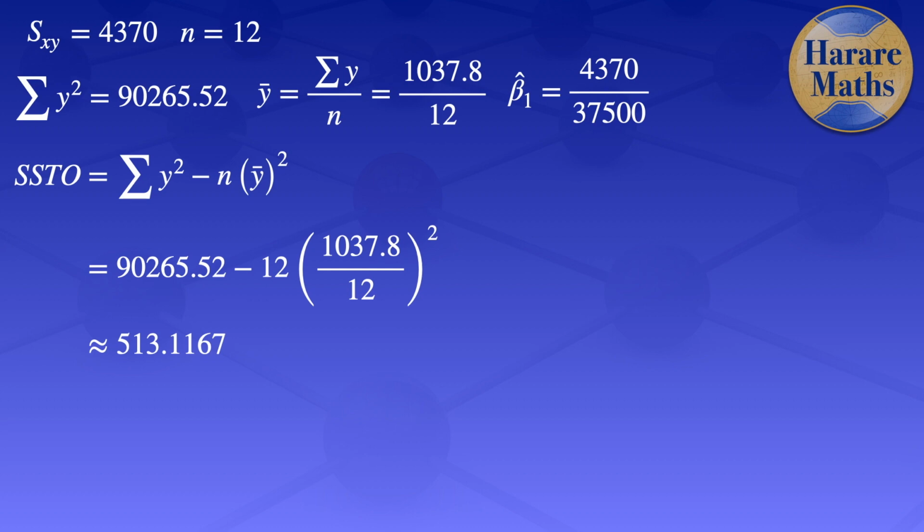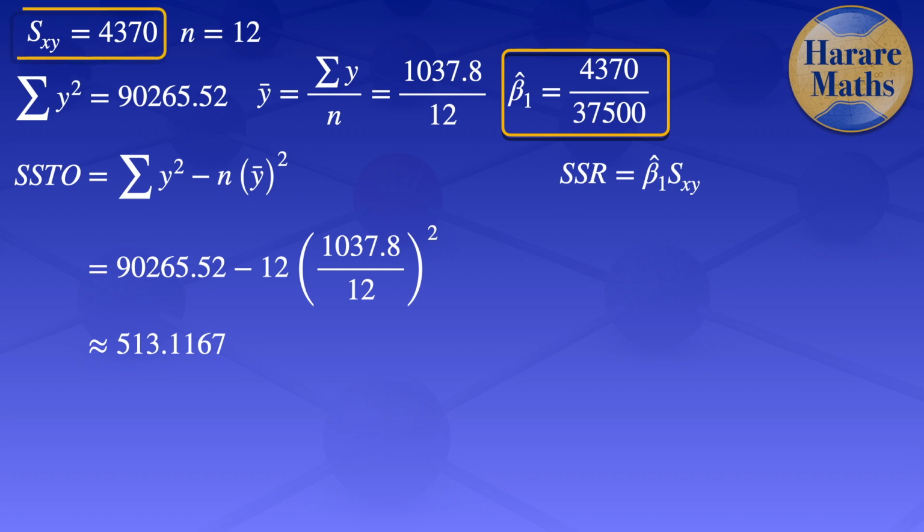For the sum of squares regression, the formula there is beta 1 hat times Sxy. The Sxy we have already calculated, and the beta 1 hat is 4,370 divided by 37,500. Our Sxy is 4,370.